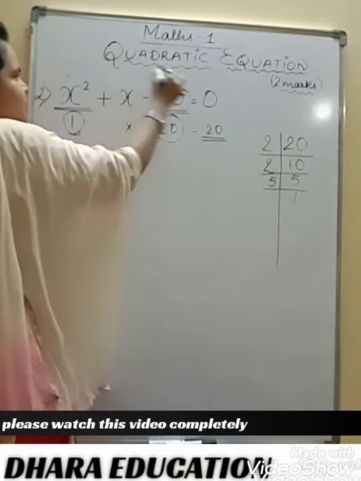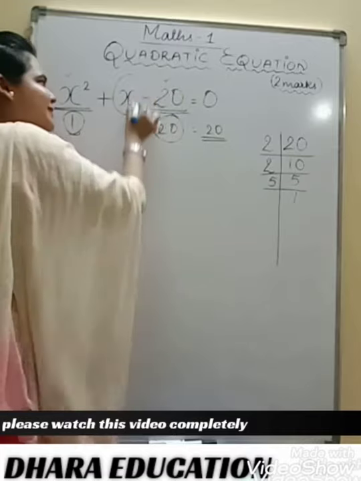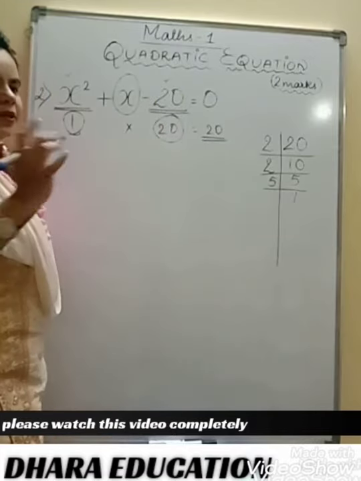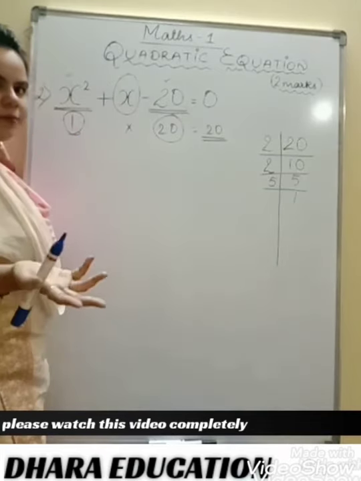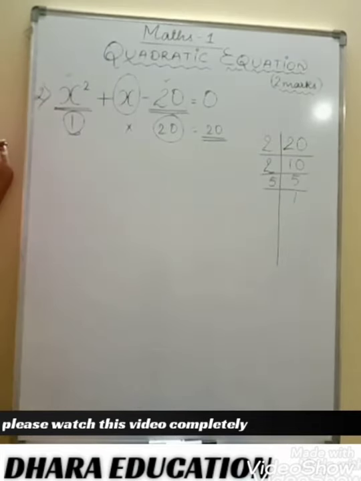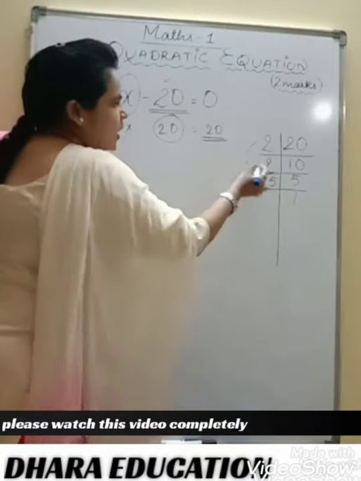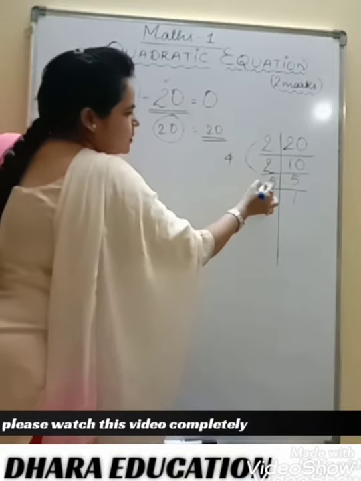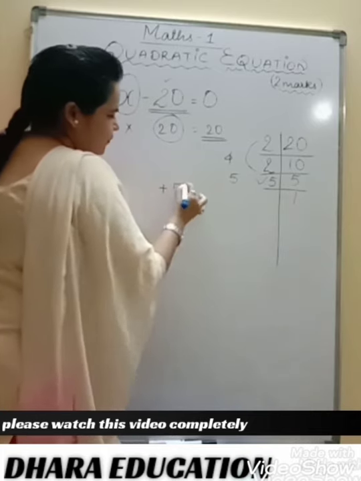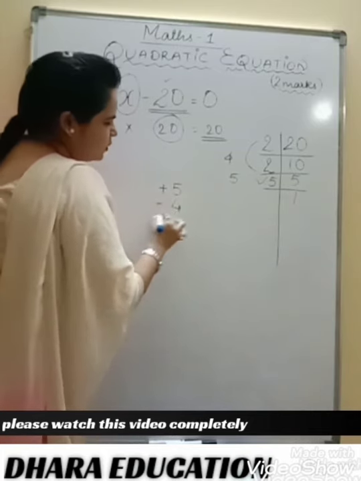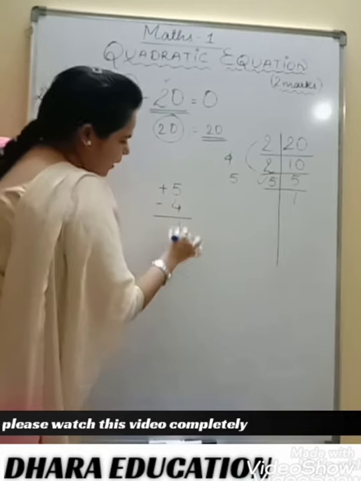So the first step is done, but the second step, whether the middle term is there or not, how will we come to know? Now see, 4 and 5: plus 5 and minus 4 gives you 1.